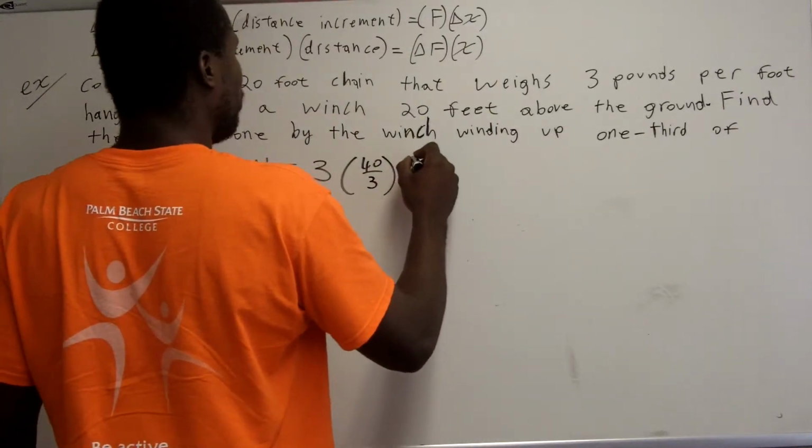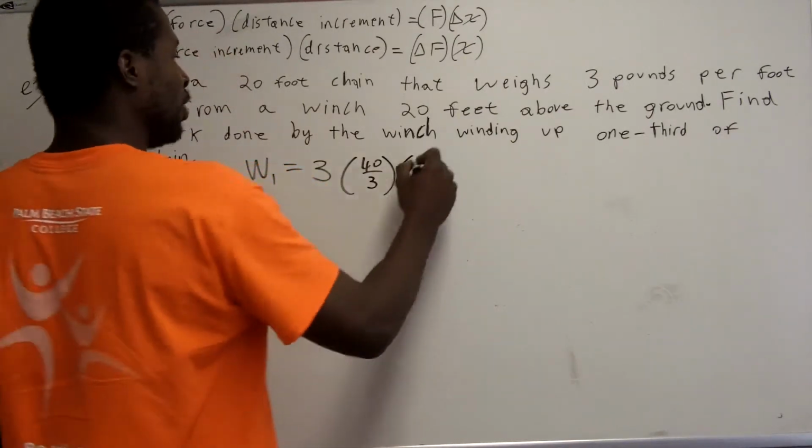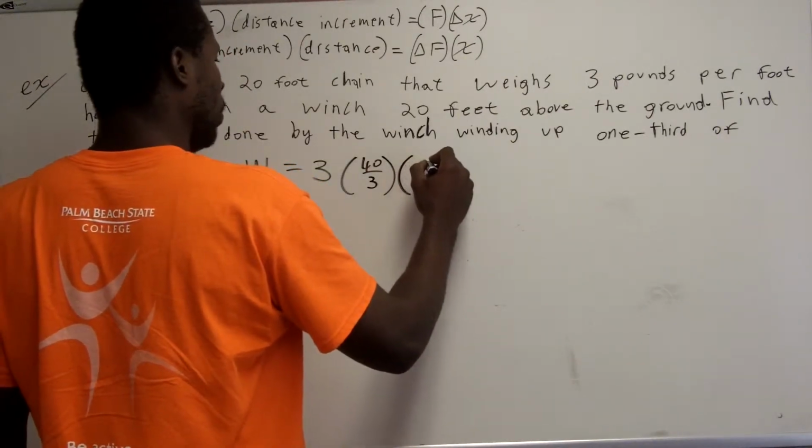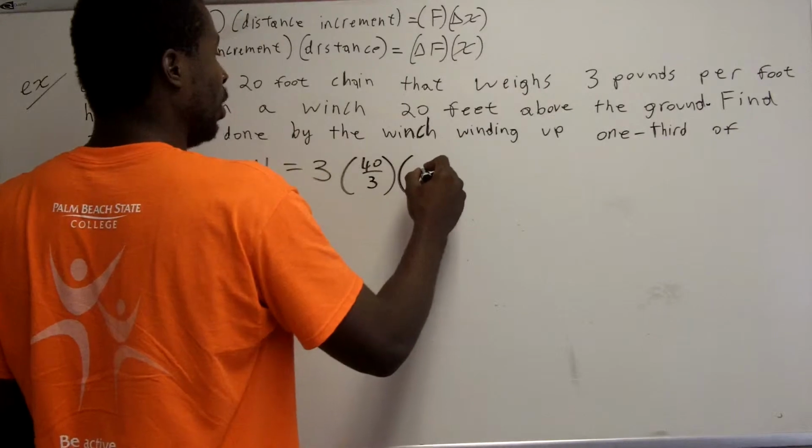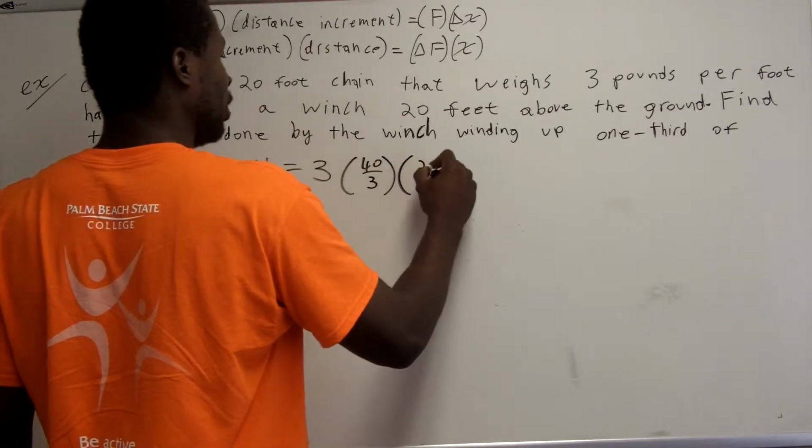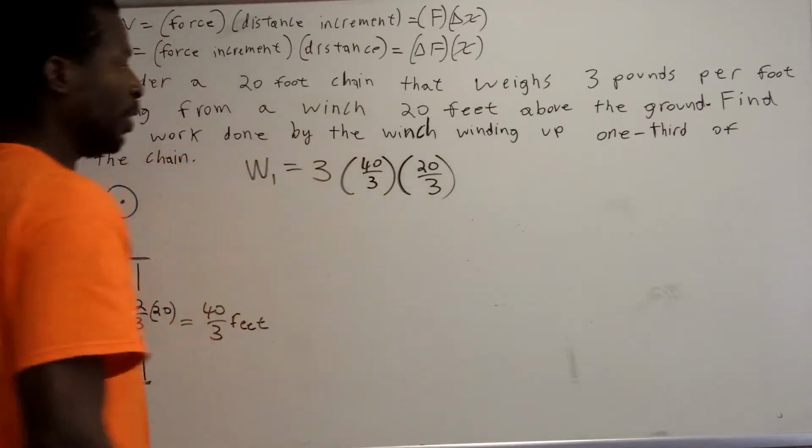The distance that the bottom 2/3 of the chain travels is 1/3 of the entire chain, which is 1/3 of 20, or 20 thirds.